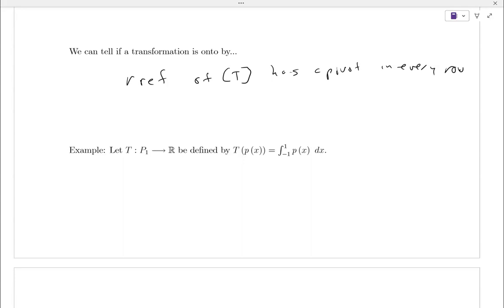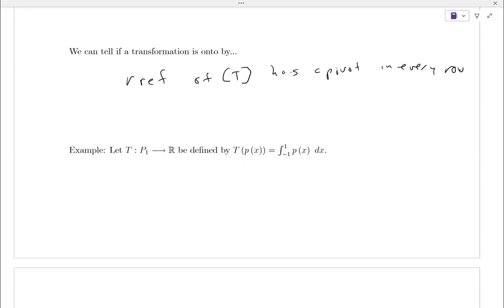So can you tell me an easy linear polynomial that integrates to 0 over -1 to 1? Certainly 0 does, but I need something that's not 0. Yeah, just x. If I use x, the integral from -1 to 1 of x is just 0. It's odd, but if you think about the picture, I've got a triangle here and a triangle here that have the same area.